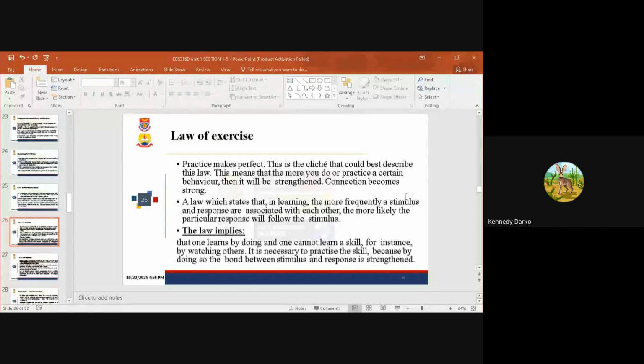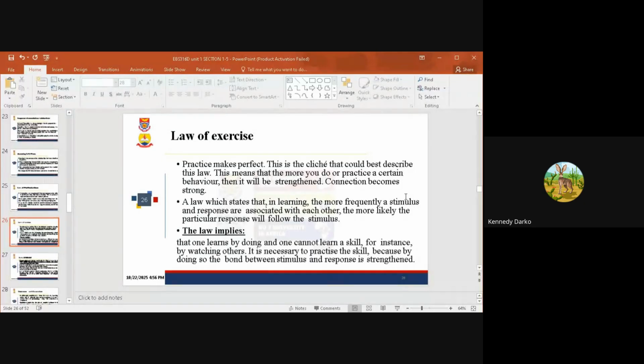They say practice makes perfect. What does that mean? It means that because you have taught the lesson well and you have asked the children to learn how to do it and you are practicing it and repeating it, then they become so well endowed with whatever concept you are giving them. So in that case, the connection becomes very strong.